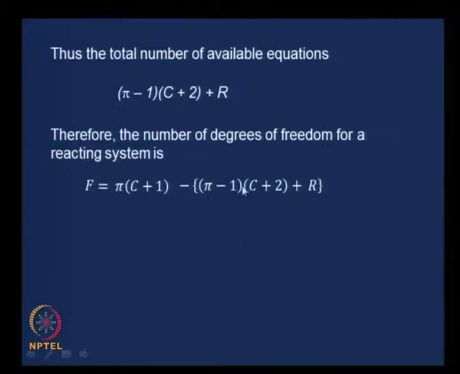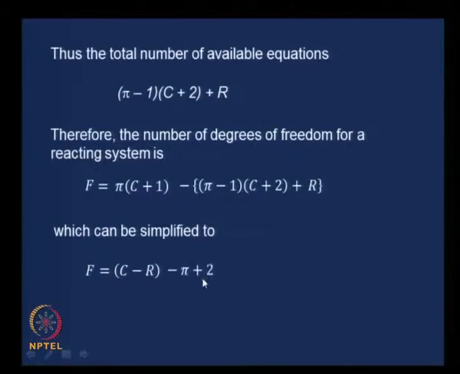If we rearrange this, essentially some algebra, we would get C minus R minus pi plus 2. So, as you can realize, whatever was C earlier can be replaced by C minus R. So, C minus R minus pi plus 2, hopefully you got this in your own efforts, gives the number of degrees of freedom in a system with R reactions.